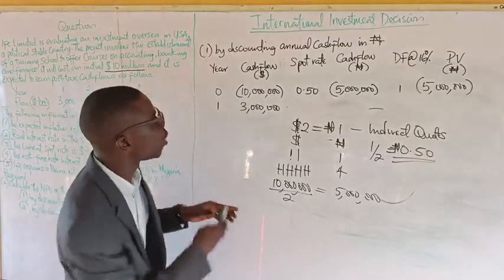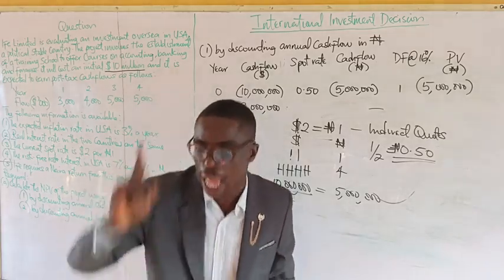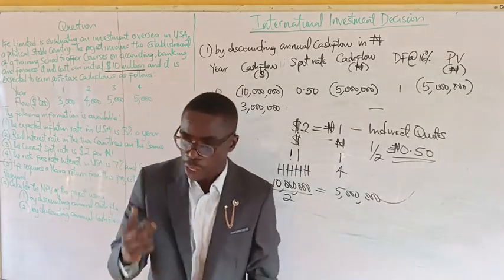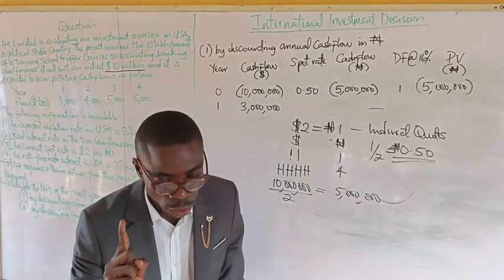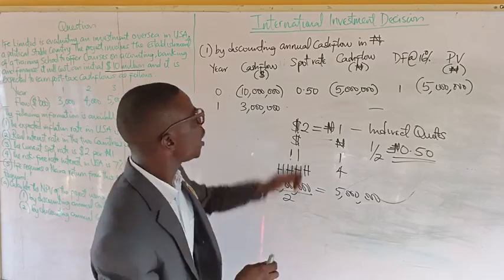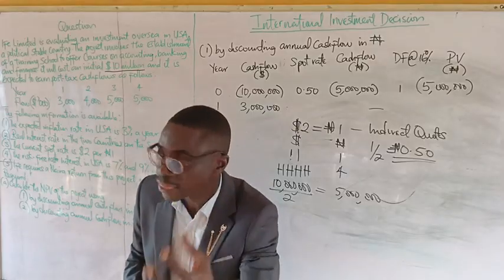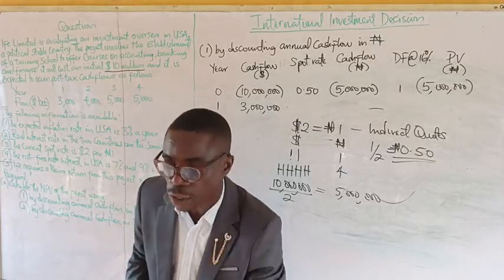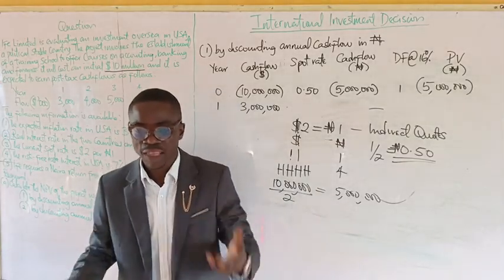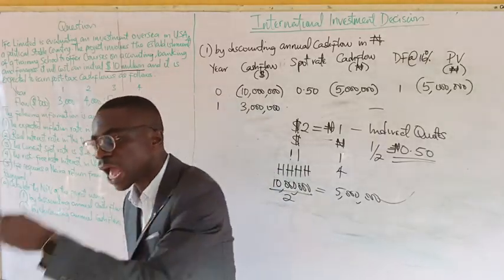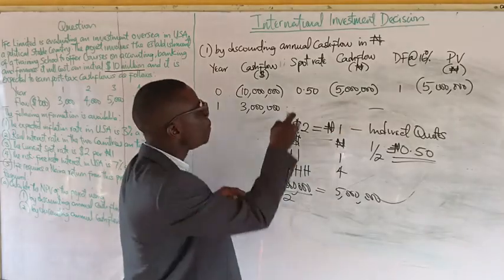So for you to convert now, you need to get the spot rate, which is how much is $1. If $1 is 0.5 and you have $10 million, you multiply: 0.5 times 10 gives you 5.